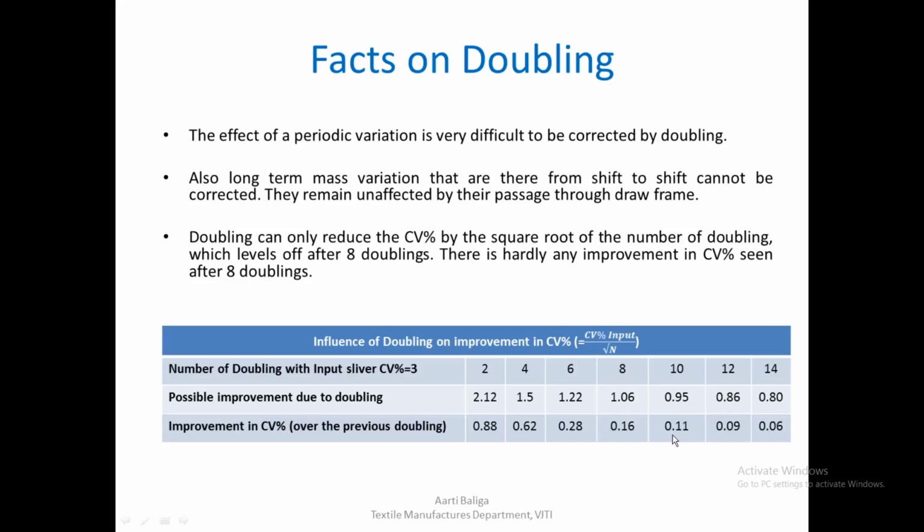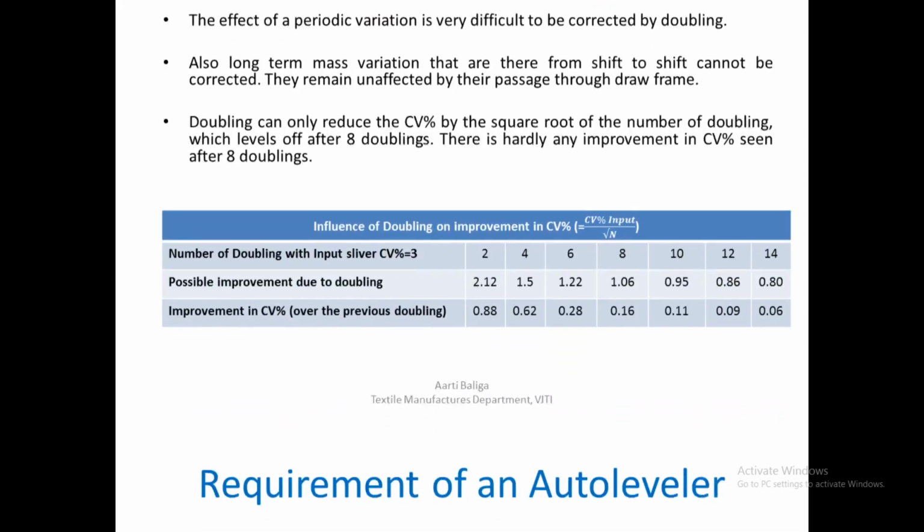After this we see hardly any improvement, like after 8 doublings there is hardly any improvement in the CV of the sliver over the previous doubling. So after 8 there is really no point in increasing the number of doublings and expecting to reduce the CV percentage. So we must find some other way to control this.